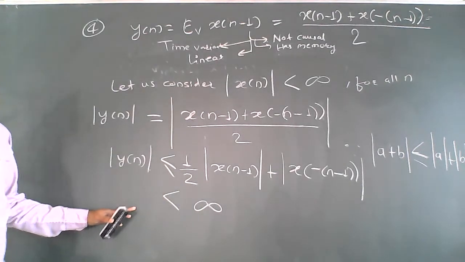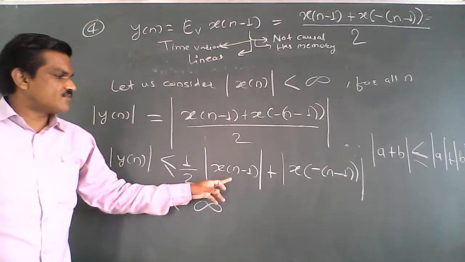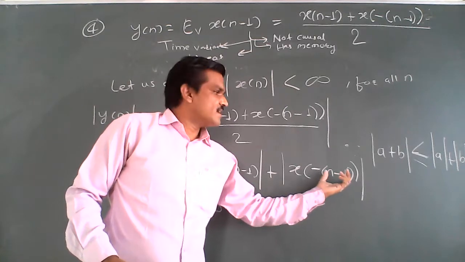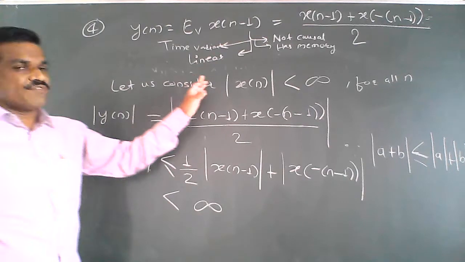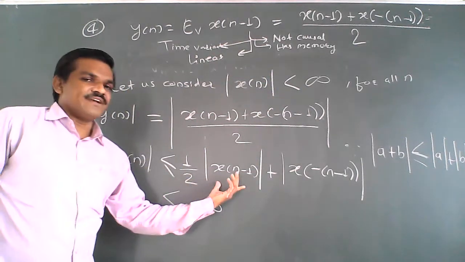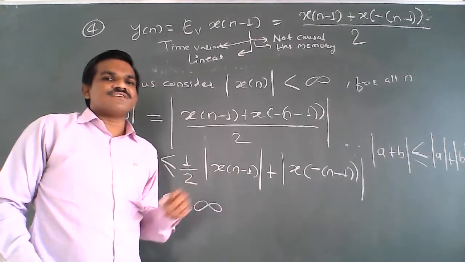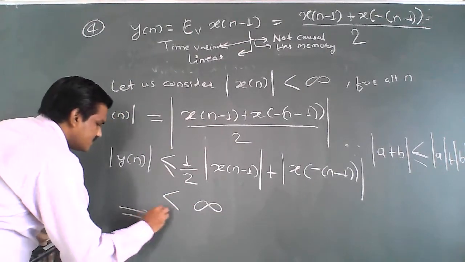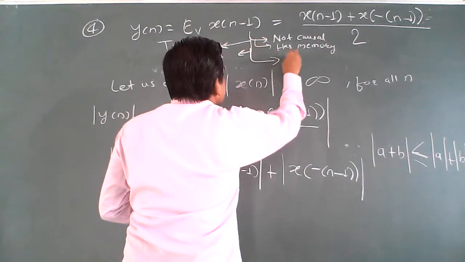As our input is bounded, x of n is less than infinity, so x of n minus 1 is also less than infinity, and x of minus n minus 1 is also less than infinity, so y of n is also less than infinity. So as x of n is bounded, the shifted and scaled version of x of n is also less than infinity. This states that the system is stable.